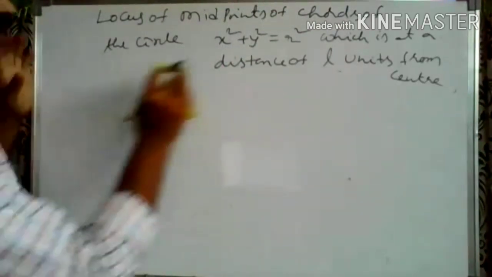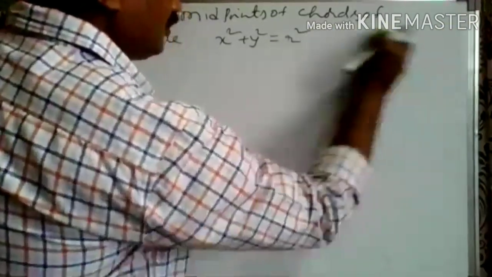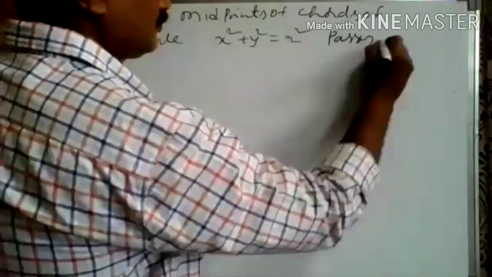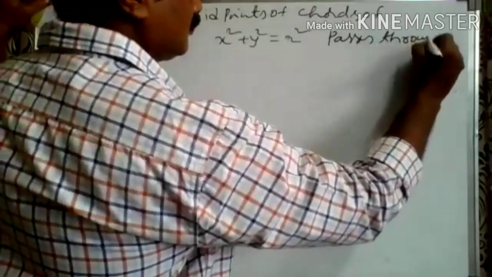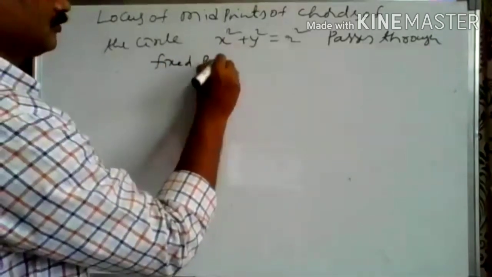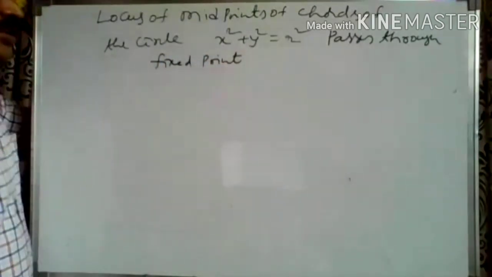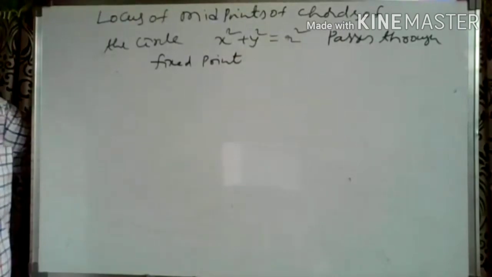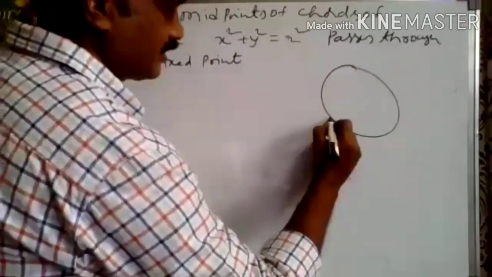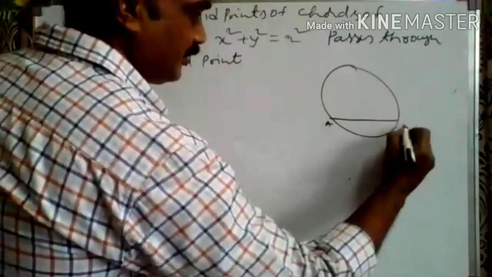Next: locus of midpoints of the chords of the circle that passes through a fixed point. Okay, students, this is chord AB.